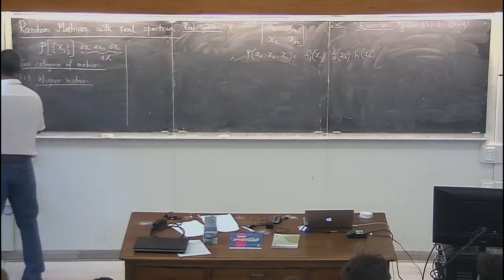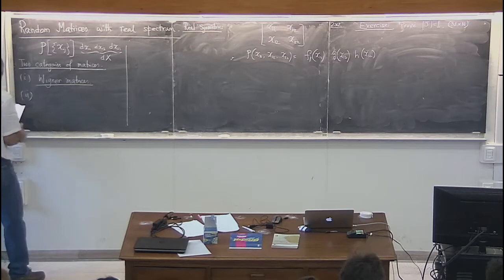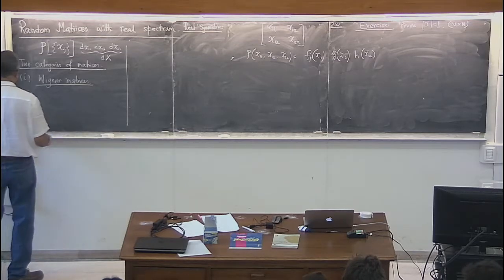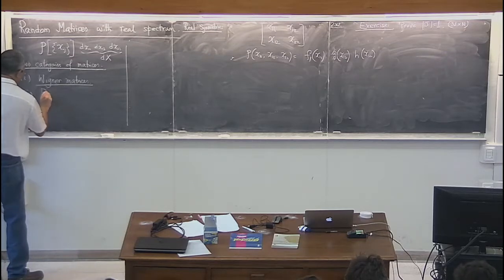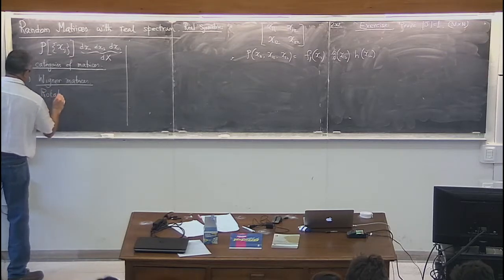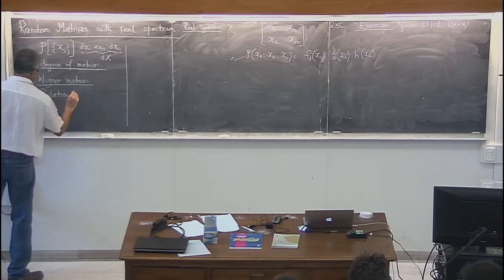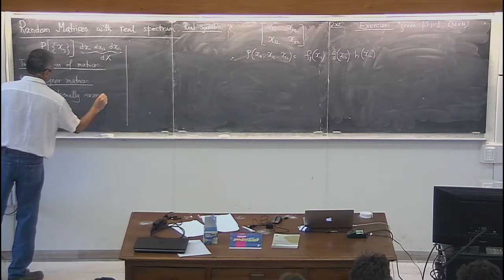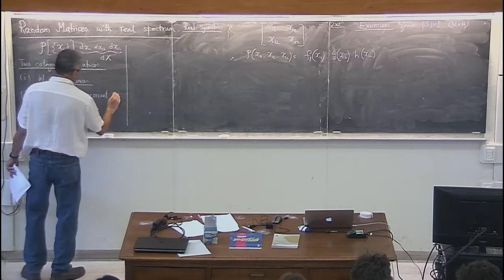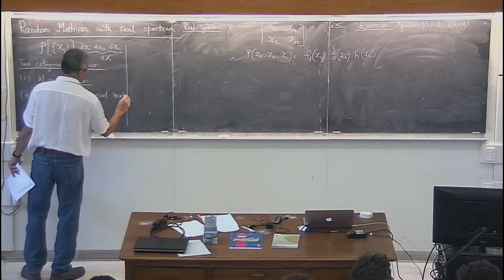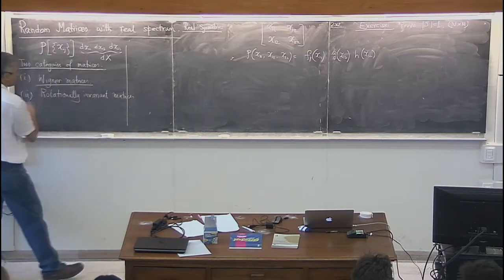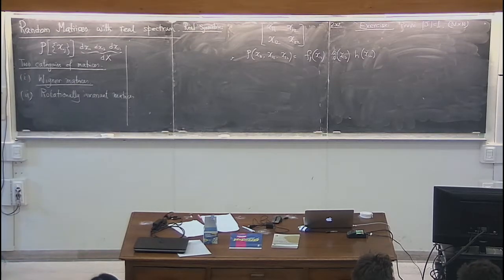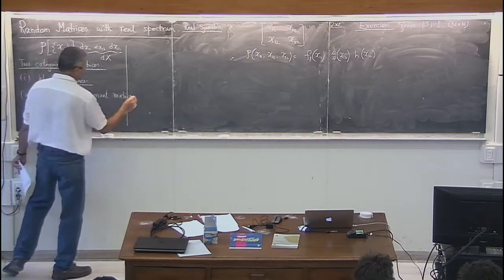And the second class is called rotationally invariant matrix ensembles. So these are the two ensembles: the Wigner ensemble and the rotationally invariant ensemble.